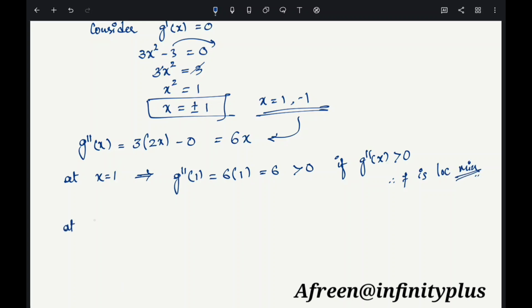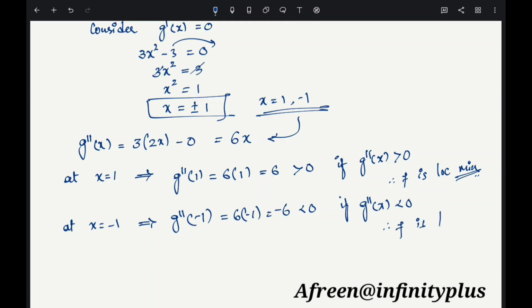So next point is at x is equal to minus 1, you are having g double dash of minus 1 which is equal to 6 into minus 1 which is equal to minus 6 which is less than 0. If g double dash of x is less than 0, therefore f is attaining local maximum at a point x is equal to minus 1.